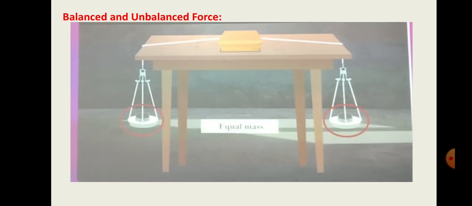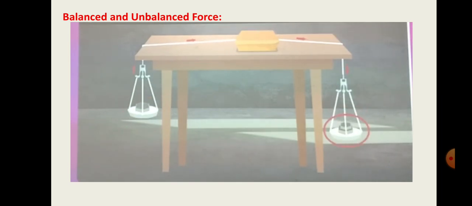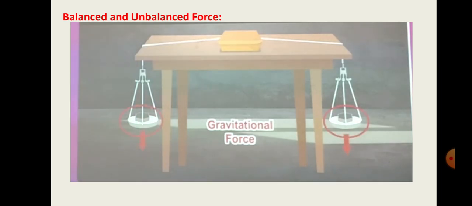Now we see that when the mass was equal in both the pans, the pans were at the same balanced position and the box also did not move. But as we increase the amount of mass in one of the pans, the box moves towards the pan in which the mass is more. Why?